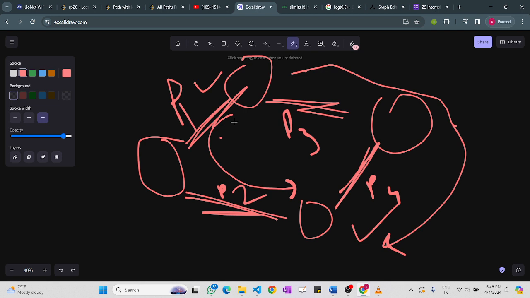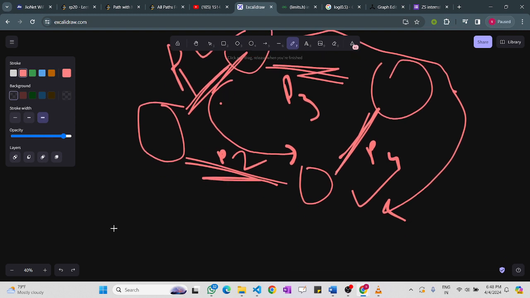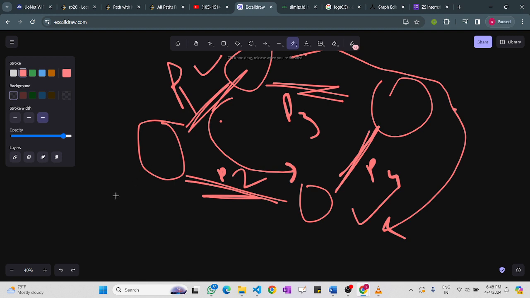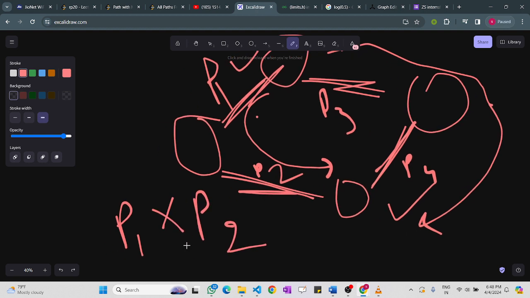Among all the possible paths, we have to calculate the maximum probability. One path's probability will be P1 into P2. Accordingly, you have to find it, because the problem defines that you have to find the multiplication of probabilities, not the addition of probabilities.